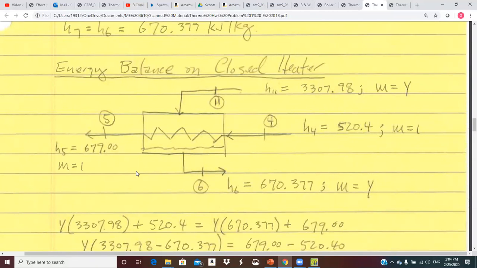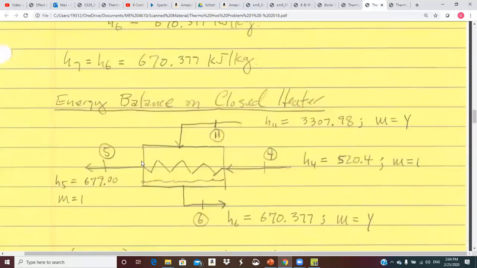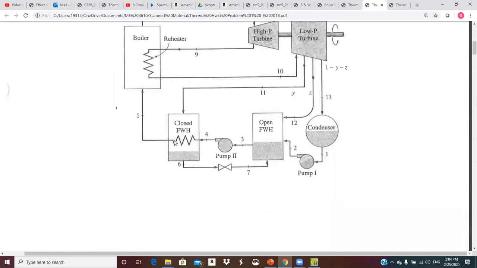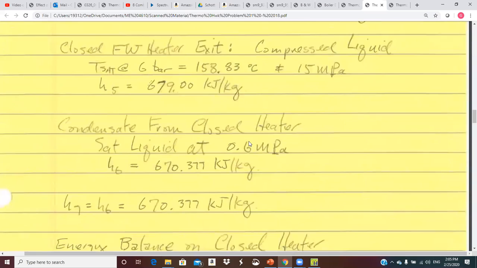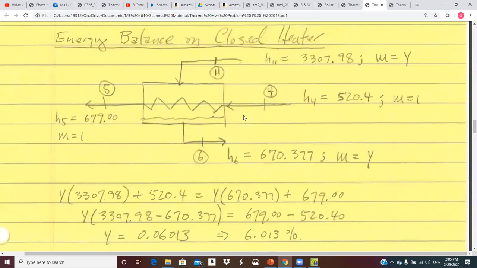Once you've got those, you just start doing your energy balances. If you have more than one heater, always go to the highest pressure heater first, because this will involve only one extraction. If you go to the other one first, you wind up with 2 unknowns, and then you have to solve the other one first. So the extraction fraction, the symbol we're using is Y. We're going to have Y times H11 coming in.